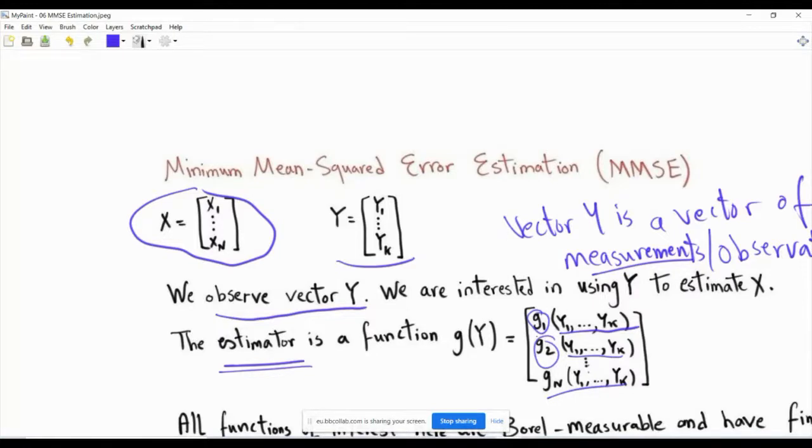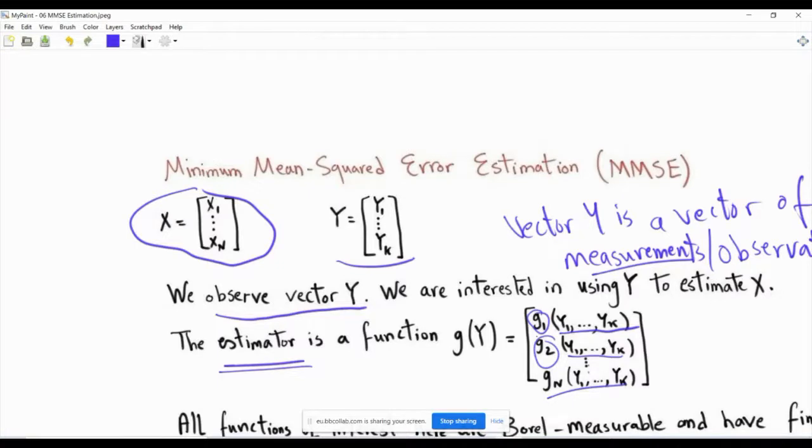Now, how do we build those functions? How do we build those g functions? What should they look like? Are they like the sum of the observations? Is g1 the sum of the y's, g2 the product?